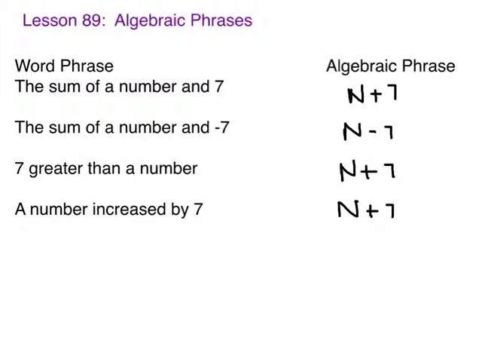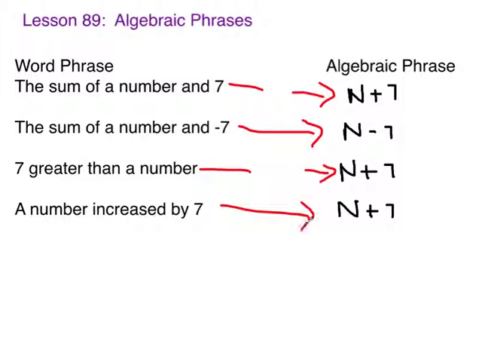Now, these phrases, this is 4 different ways to say this, this is 2 different ways to say this, and these are 3 different ways that say n plus 7, and 1 way that says n minus 7.